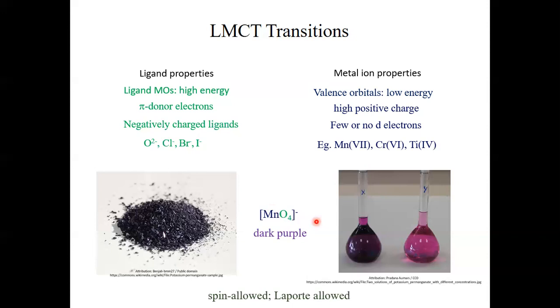So now, what about the metal to ligand charge transfer transitions? Here, we want to minimize the energy between the metal d orbitals and the pi star orbitals. So what minimizes this energy? We can first look again at the metal ion properties.